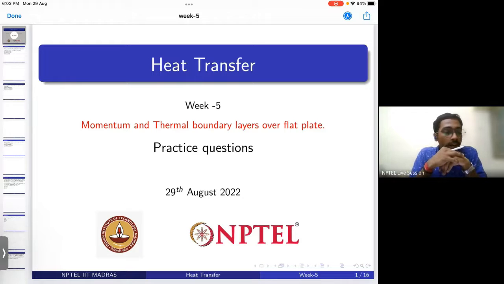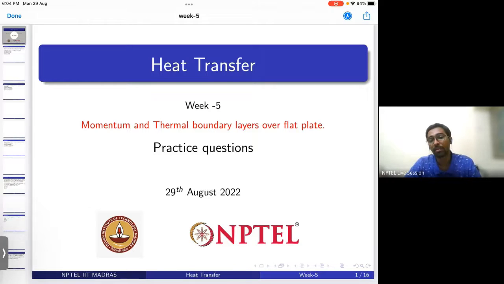We derived the governing equations, and from there we used the similarity solution or Blasius equation to find the expression for the boundary layer thickness, that is the hydrodynamic boundary layer thickness. From that we calculated the shear stress acting on the flat plate, and from that the coefficient of friction.